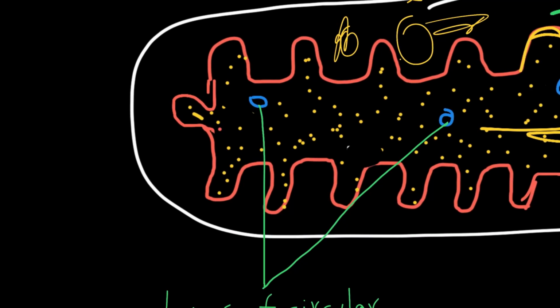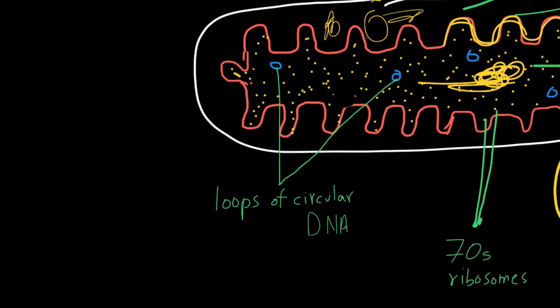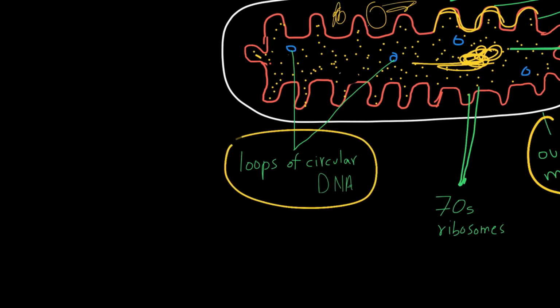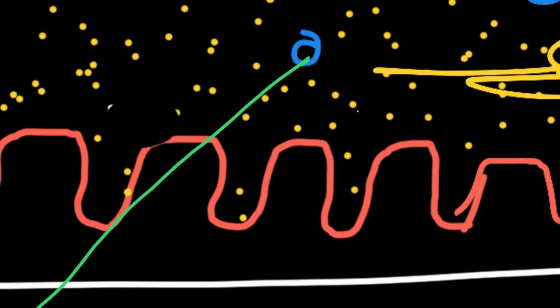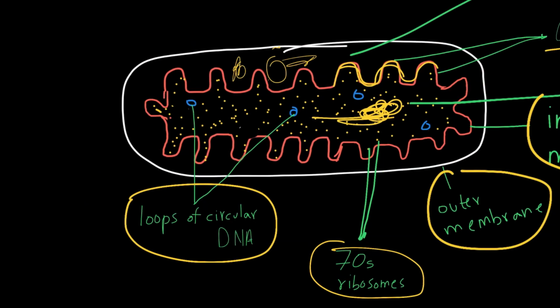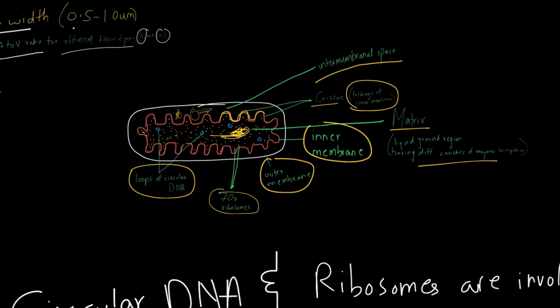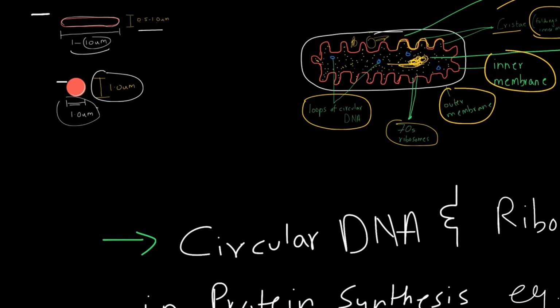These blue things that you see, the ones that are bigger, are the loops of circular DNA. So we can say that mitochondria has its own DNA as well. And these smaller circles that you see, the ones in yellow, are 70S ribosomes. We'll study what 70S and 80S ribosomes are, but just to know, these are 70S ribosomes, and this is all that a mitochondria has inside.